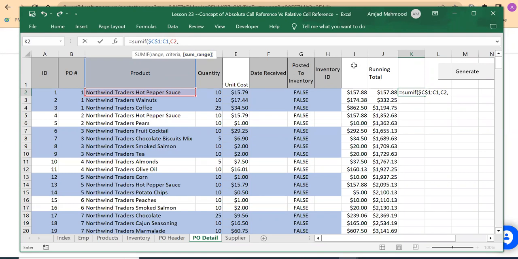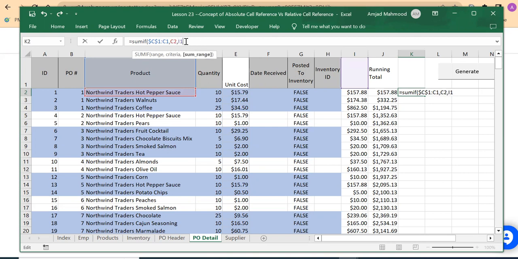The sum range is this total, so we make sure it is a comma.